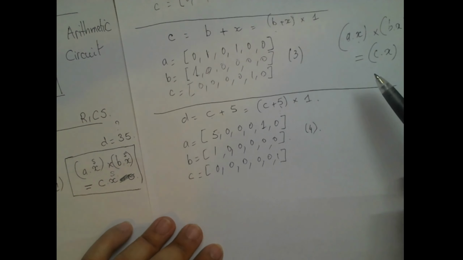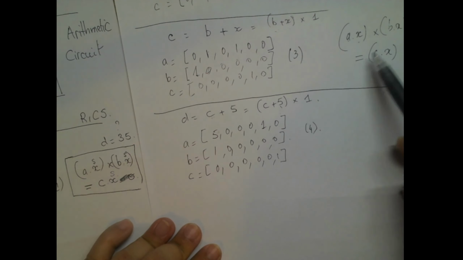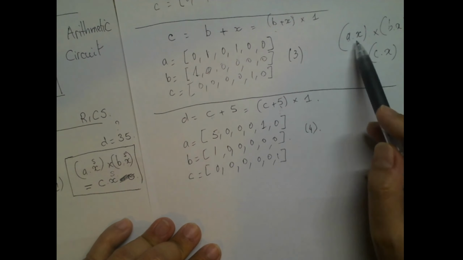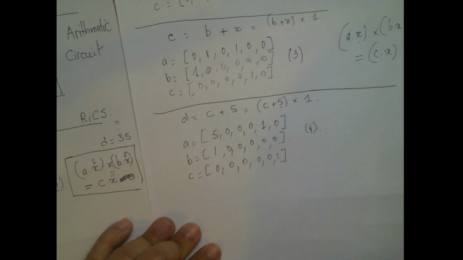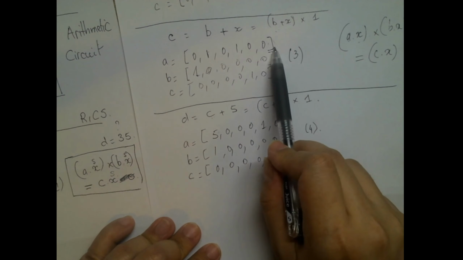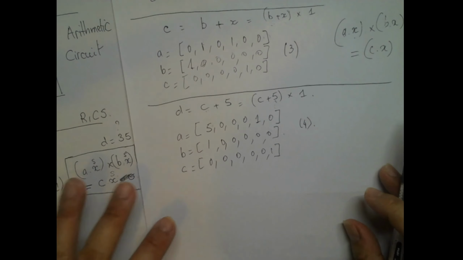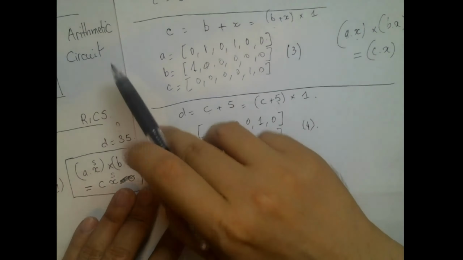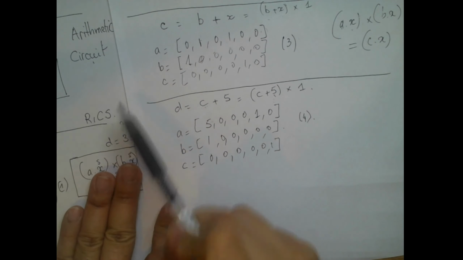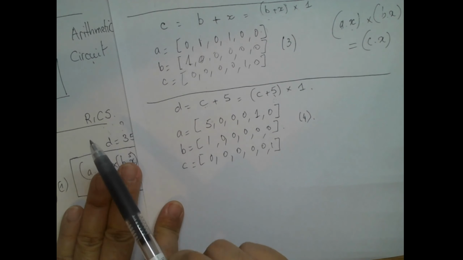We have four sets of this form, and in each set we have 3 vectors. We have a vector for A, a vector B, a vector for C, and the vector has size 6 because we have 6 variables. So this transformation going from this arithmetic circuit into the R1CS, Rank-1 Constraint System.